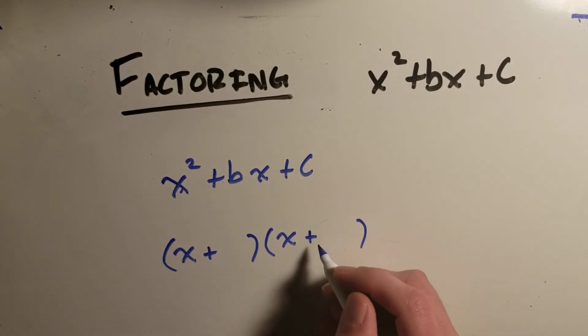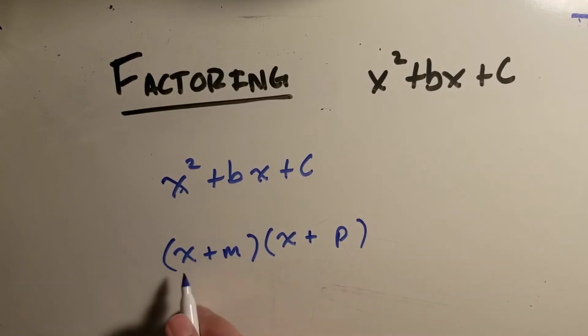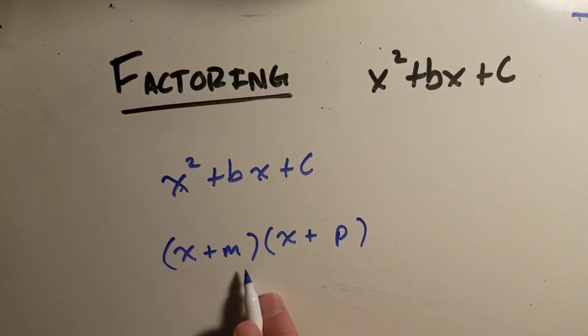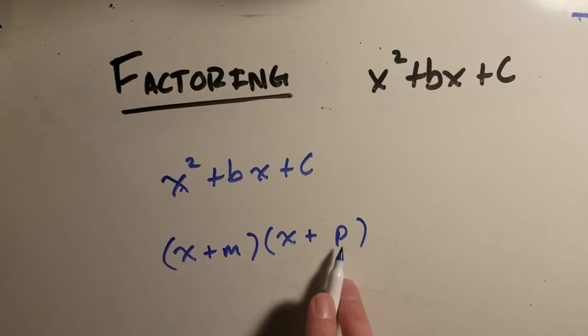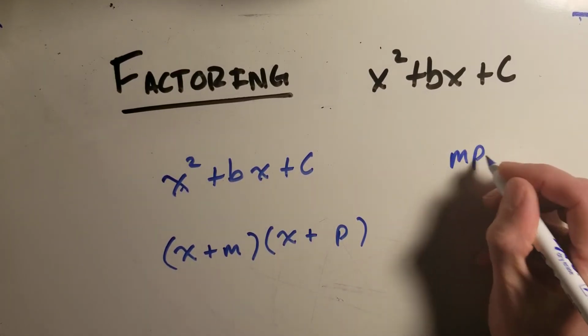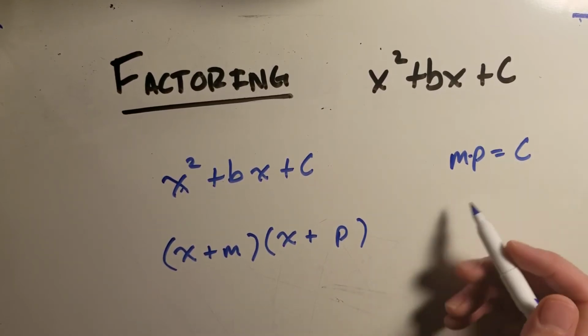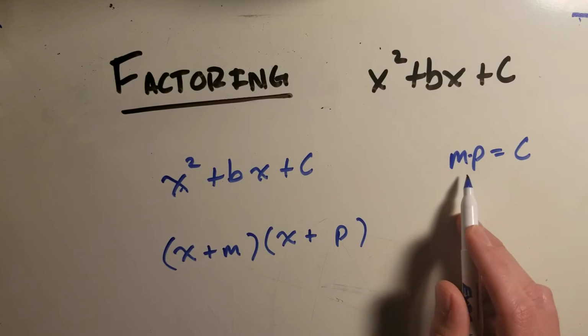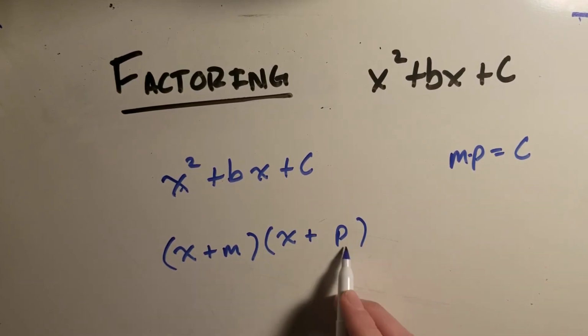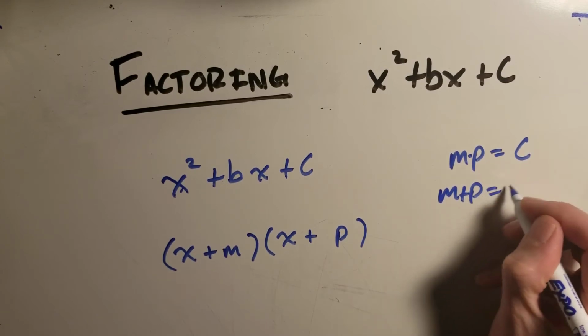And I think in the example here we have plus m and plus p in the binomials. Now this m and p, they're not really going to show up a lot because they're going to be numbers that you put in here. But your m and p need to multiply together, m times p, to equal c. So you're going to look for two numbers that multiply together to equal c. M times p is equal to c. And they also need to meet the requirement that when you add them together, they're going to equal b. M plus p should equal b.